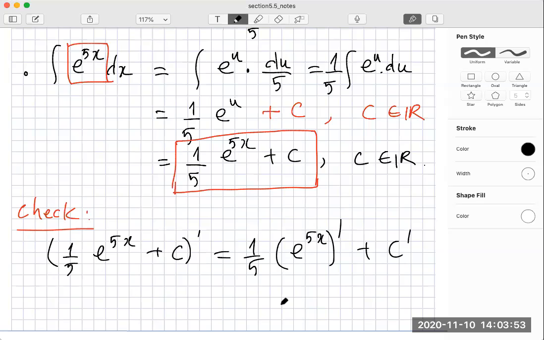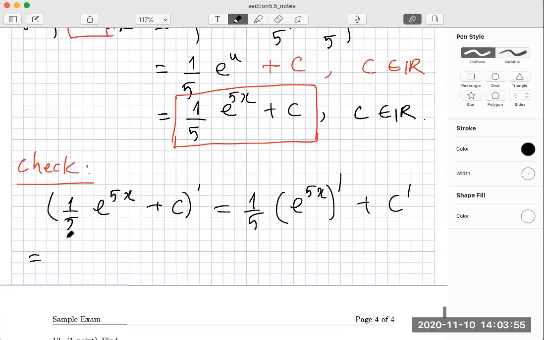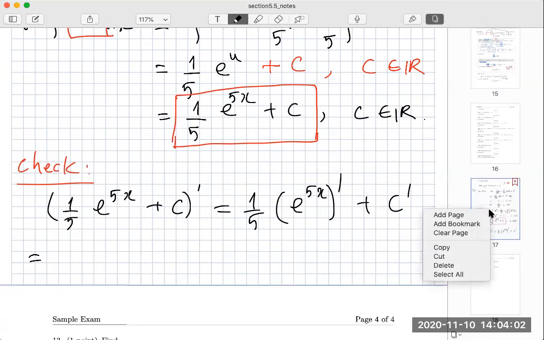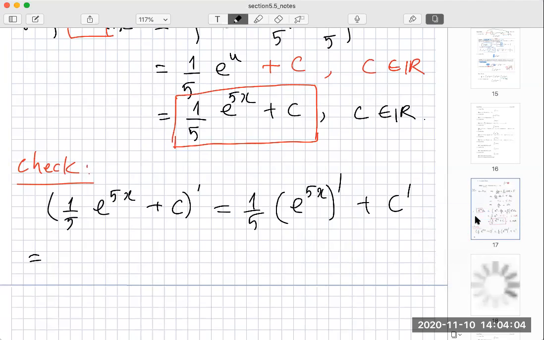So, what is the derivative of e to the 5x? It is the derivative of the power here times e to the 5x. Remember, there's a formula, so double check it.